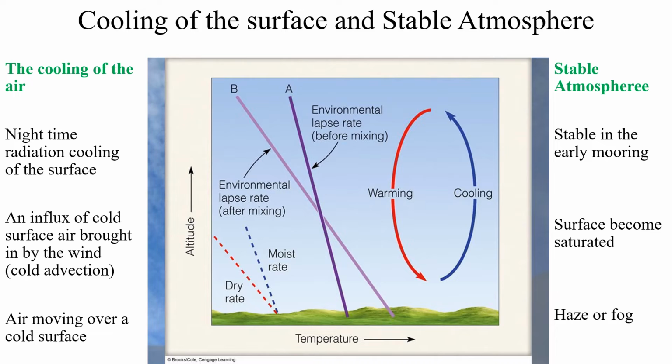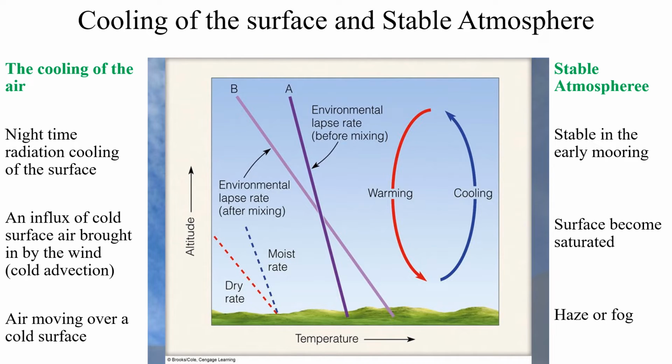Air sometimes moves over a cold surface; when relatively warm air moves over the cold surface, terrestrial radiation makes the atmosphere adjacent to the ground more stable.